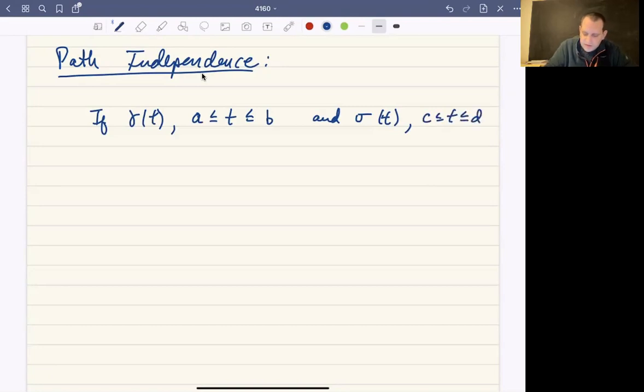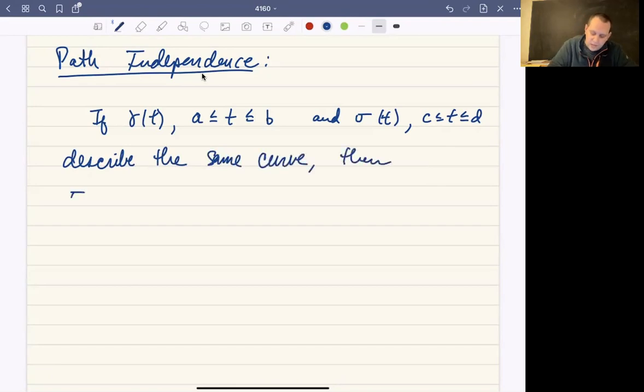If gamma and sigma describe the same curve or the same path, then we say that sigma is a reparameterization.